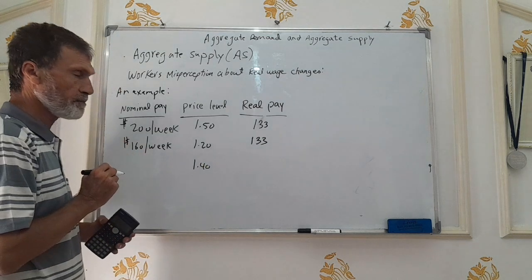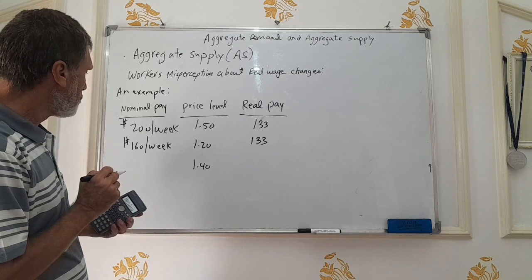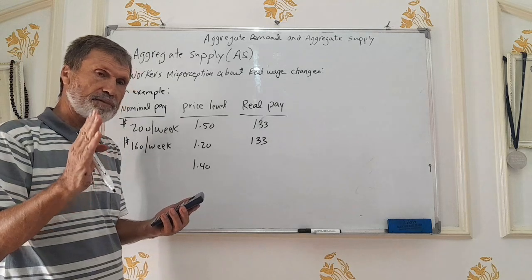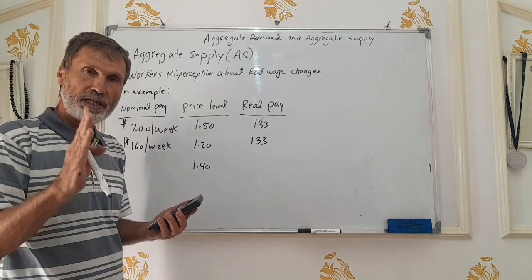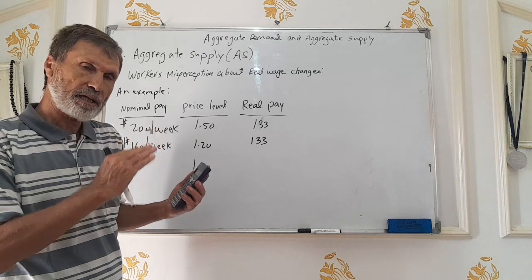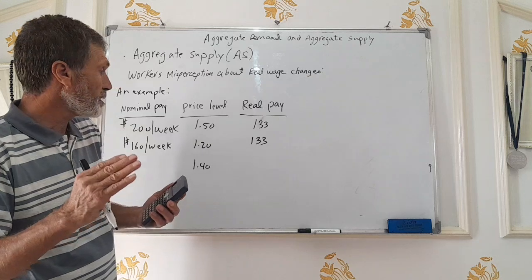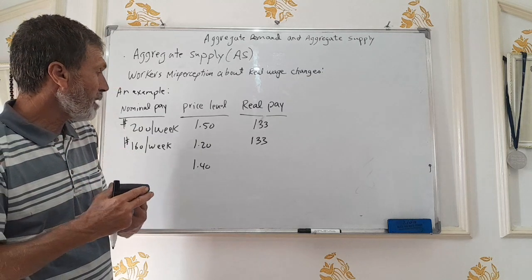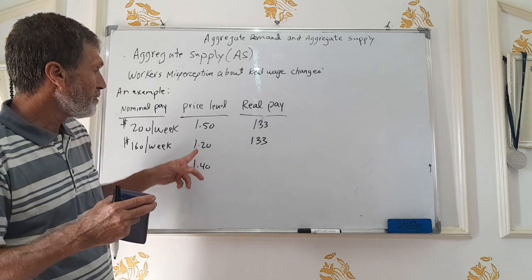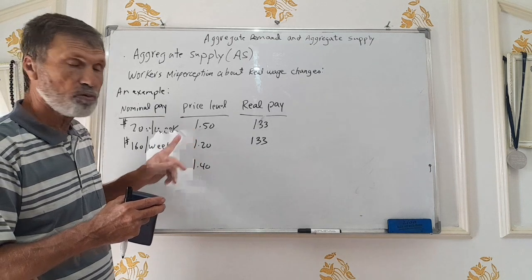Let's see. Okay, so as you can see here, when we divide 160, of course, mistakenly, workers believe that, yes, indeed, the nominal pay has declined, and also the price level has declined, but they don't know, or perhaps they don't have the information, or mistakenly believe that the price level decreased to 1.40 instead of 1.20.